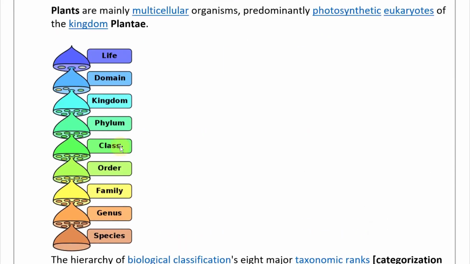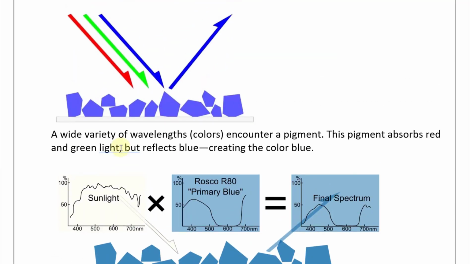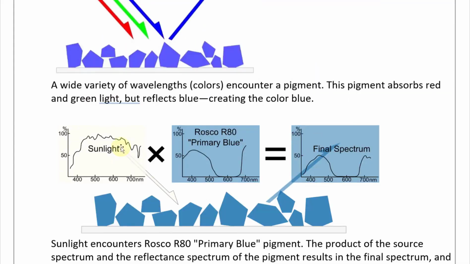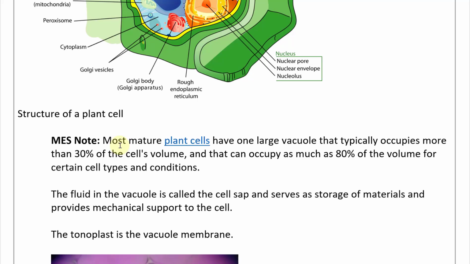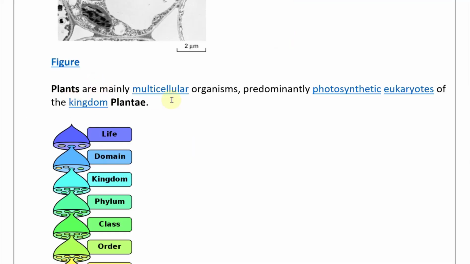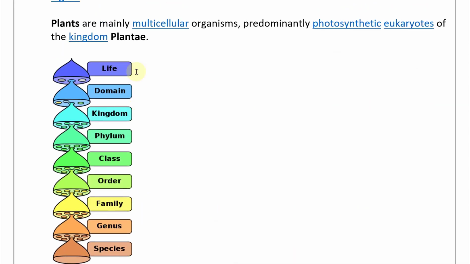So plants are photosynthetic organisms. Let's read over on plants again. Plants are multicellular organisms, predominantly photosynthetic eukaryotes of the kingdom Plantae.